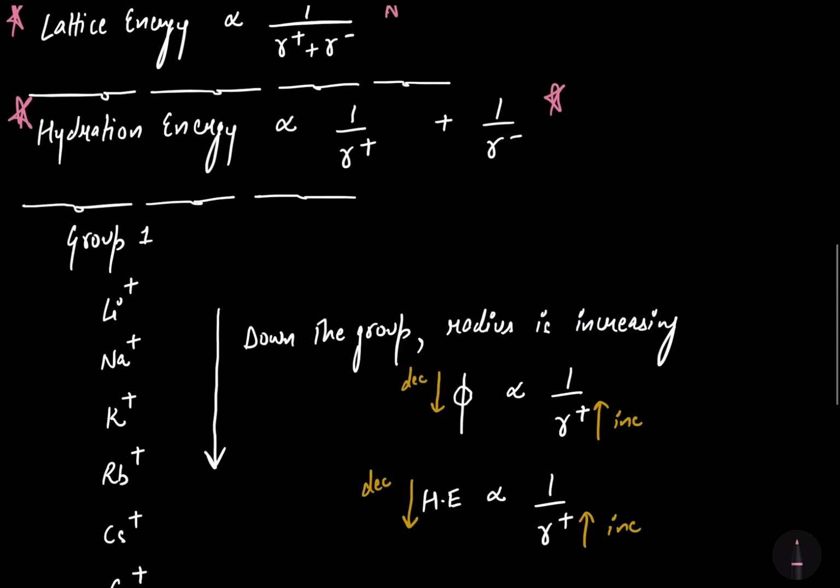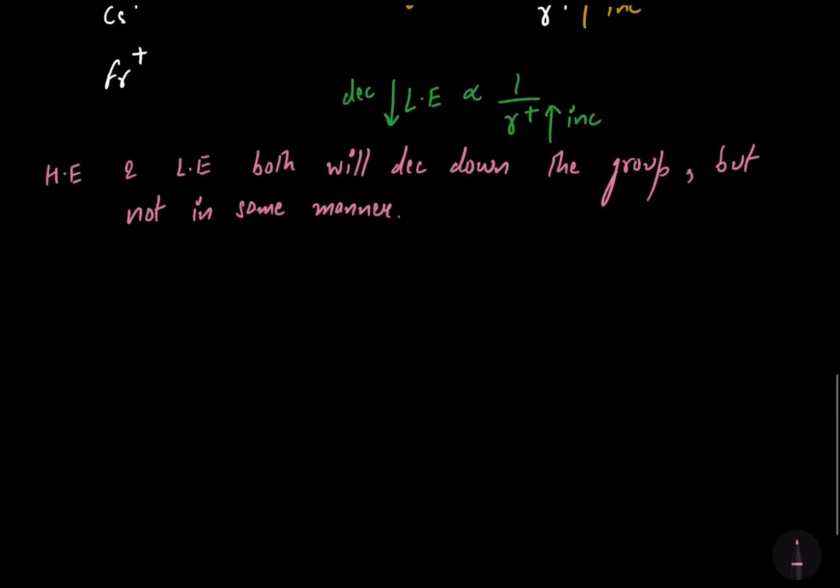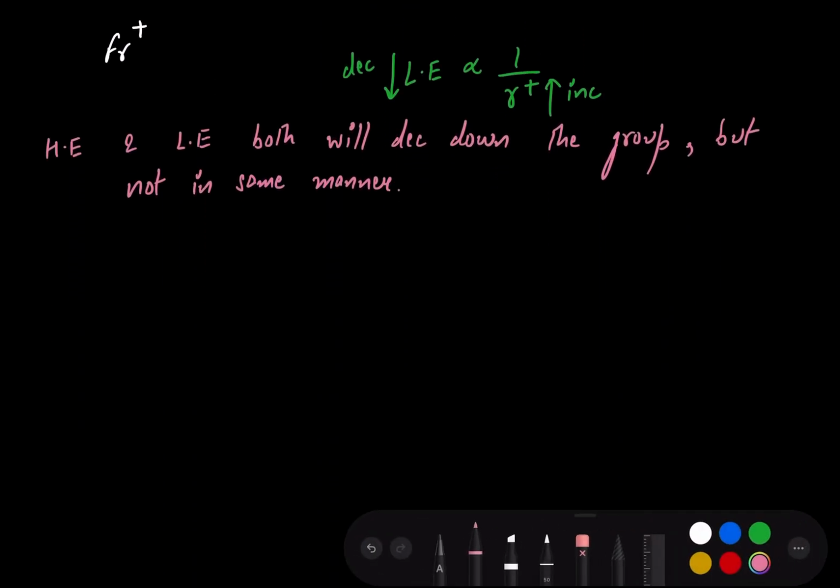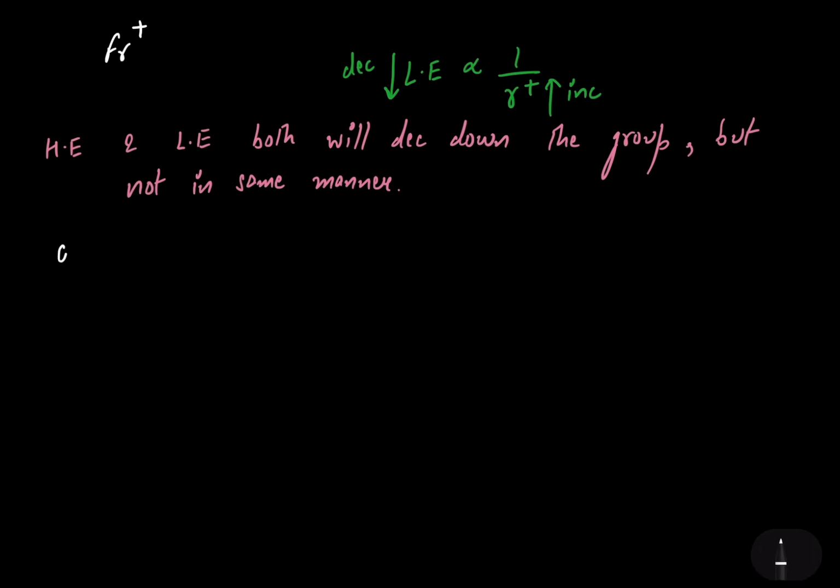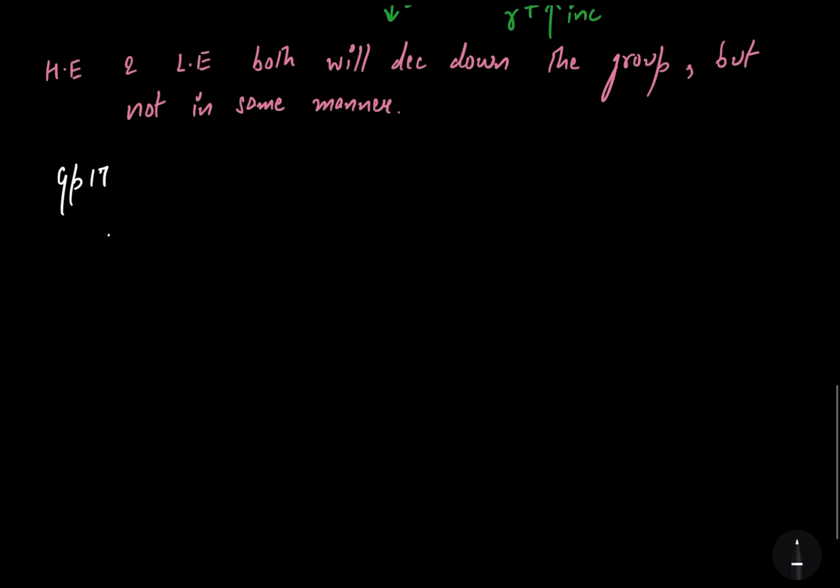Now what next? Now let's talk about group number 17 also, that's of anions. Let me take an example. It's fluorine, chlorine, bromine, iodine and astatine. As we all know, group number 17 acquires -1 charge. F -1, Cl -1, Br -1, I -1 and astatine -1.